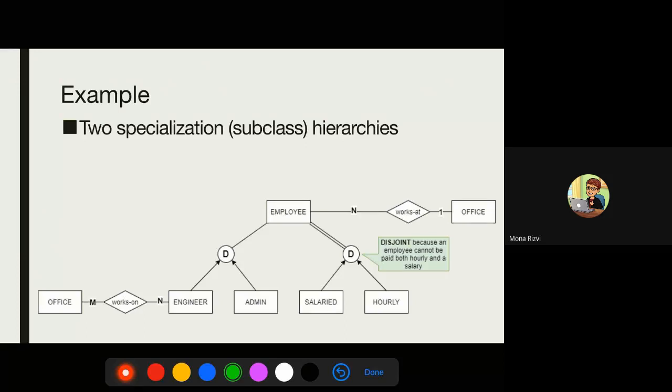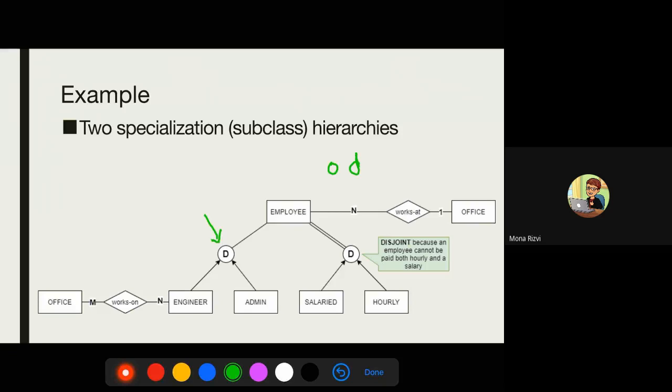So these circles here, they talk about the disjointness constraint. And what you find inside the circle is either O or D. I put a capital D, but I guess a capital D looks too much like an O, and I should have used a small letter d. So in this case, both of these hierarchies are disjoint.